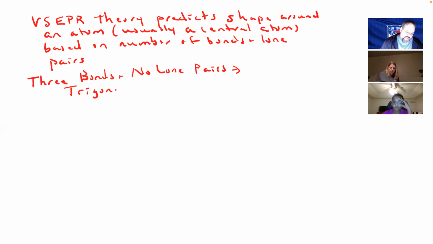It says that the shape around that atom is trigonal planar. Honestly, that's just something you have to know from memory. There's no other way I can simplify it. You see the electron dot structure, and you see 3 bonds and no lone pairs, trigonal planar. That's what it is.